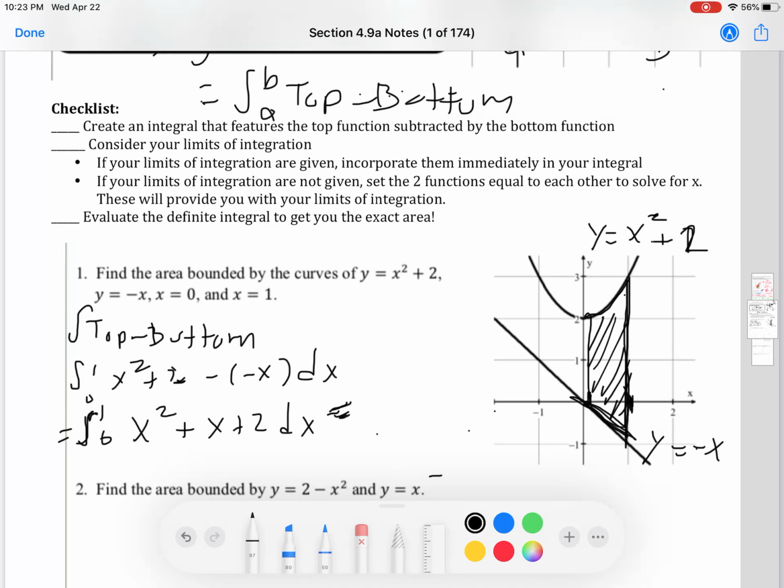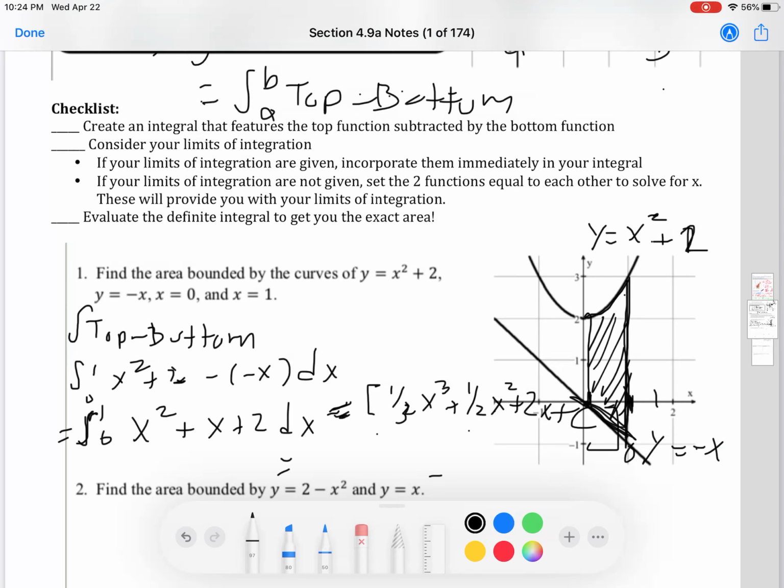So the end result that we have here is 1/3 x cubed plus 1/2 x squared plus 2x plus c. And we're going to evaluate it from 0 to 1.